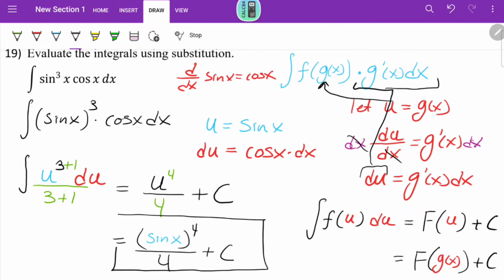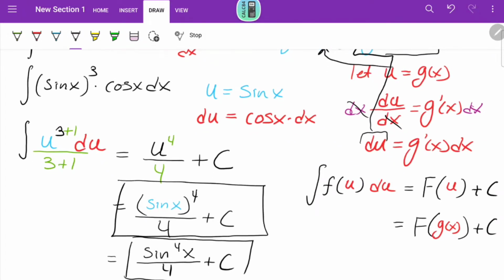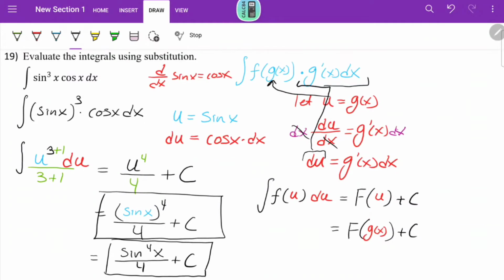You can leave the answer like this if you want to, or you can write that as sine to the 4th of x over 4 plus c. And that is it, for this question at least.